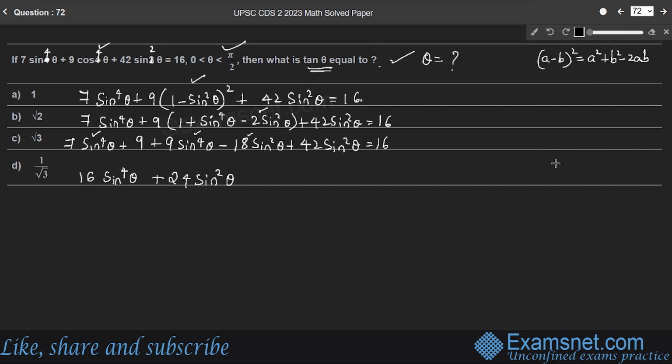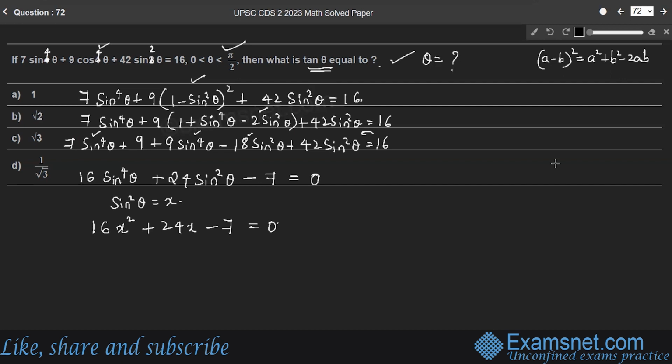Plus 9 minus 16 gives minus 7 is equal to 0, right? Now, I'll take sine square theta as x, so the equation becomes 16x squared plus 24x minus 7 is equal to 0, right?